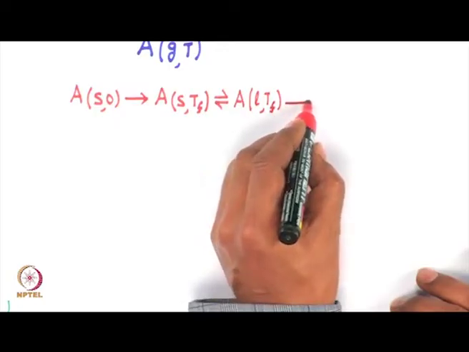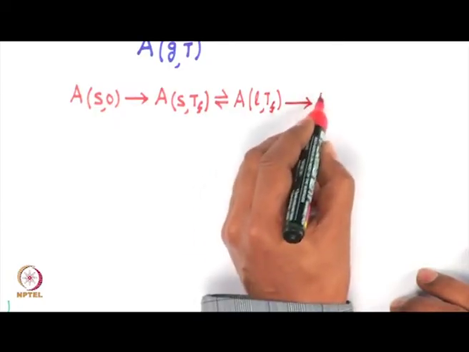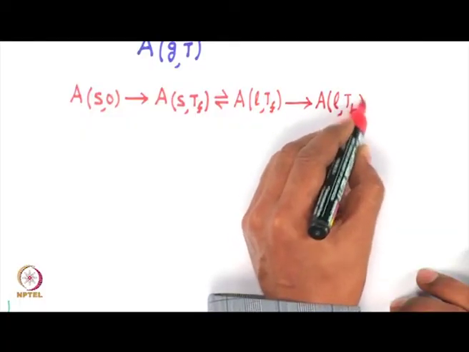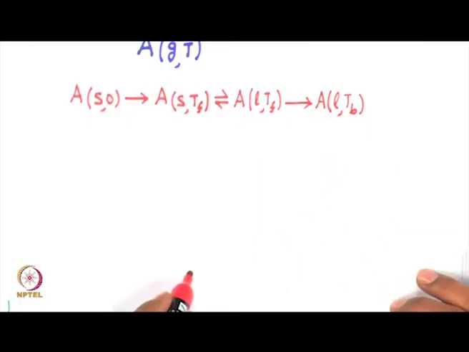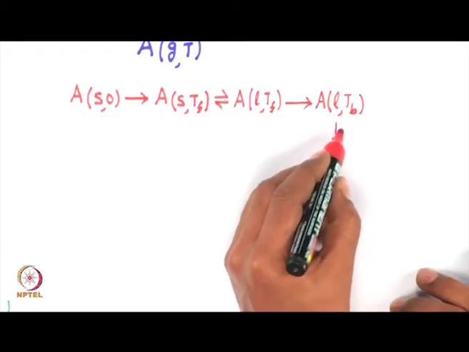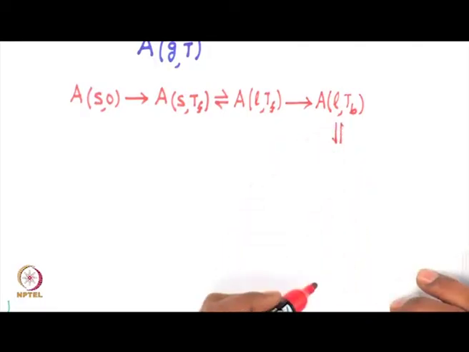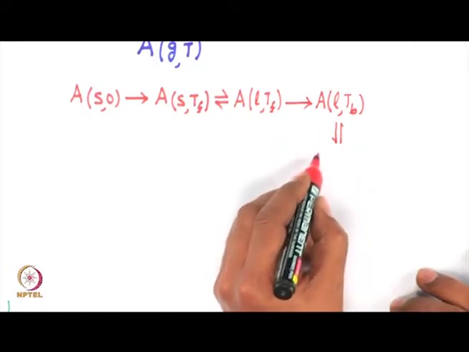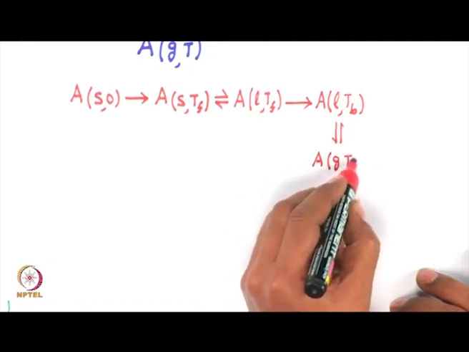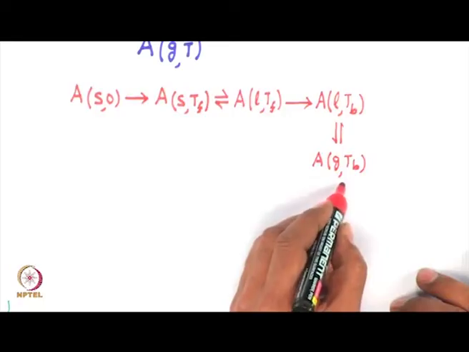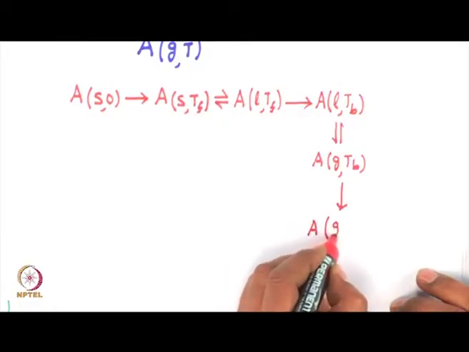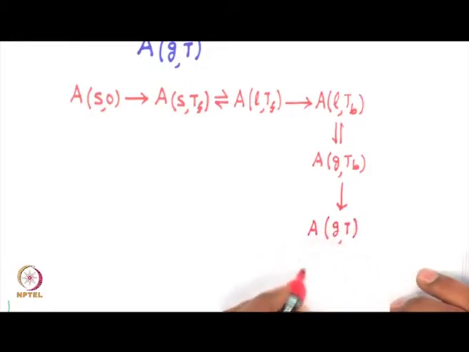Further heating, you will have A in the liquid form up to the boiling point, and then A will become vapor at the boiling point, and then you further heat A in gaseous form to a general temperature.